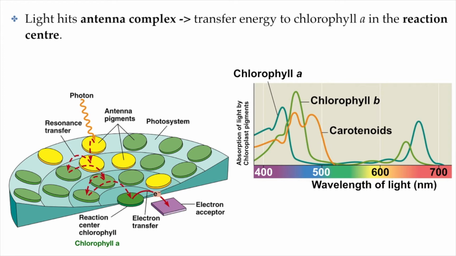So by combining different pigments, the antenna complex can then maximize the amount of energy that is absorbed from sunlight. And like an antenna, it gathers all the energy and transfers it to one central point. The central point is called the reaction center, and the molecule found in this reaction center is a molecule called chlorophyll, very specifically chlorophyll A.